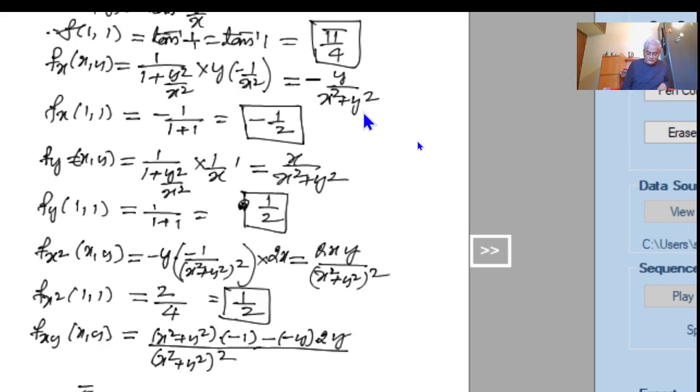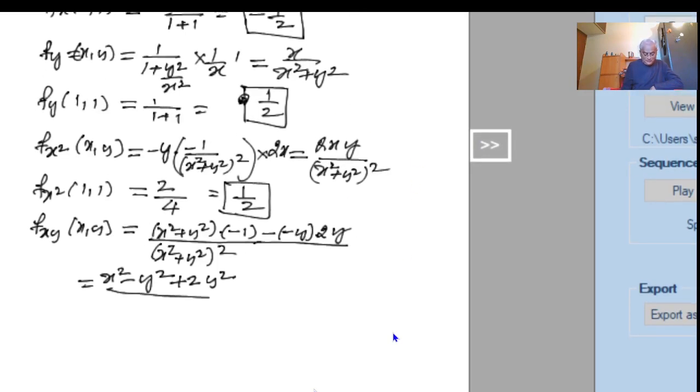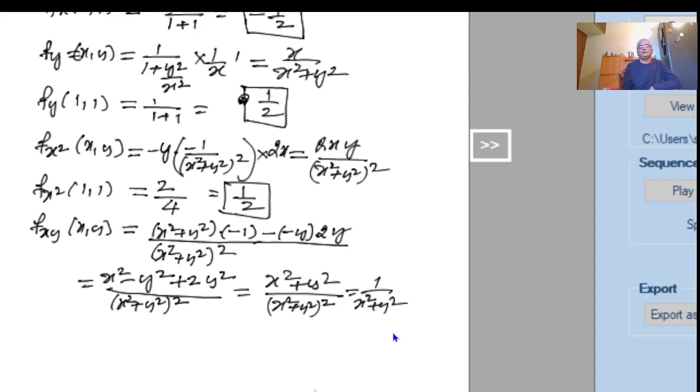So we write this as: minus x square minus y square, minus into minus plus 2y square, divided by (x square plus y square) whole square. This is equal to (x square plus y square) divided by (x square plus y square) whole square, which is equal to 1 by x square plus y square.